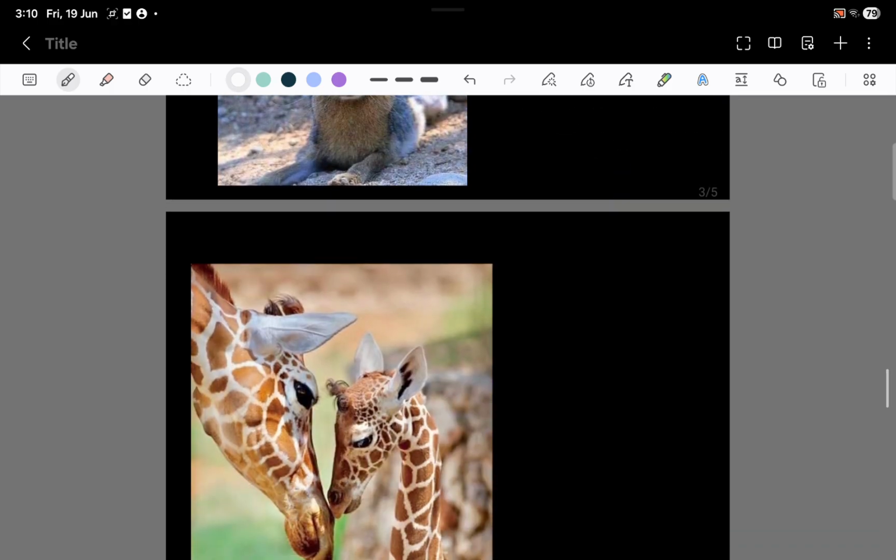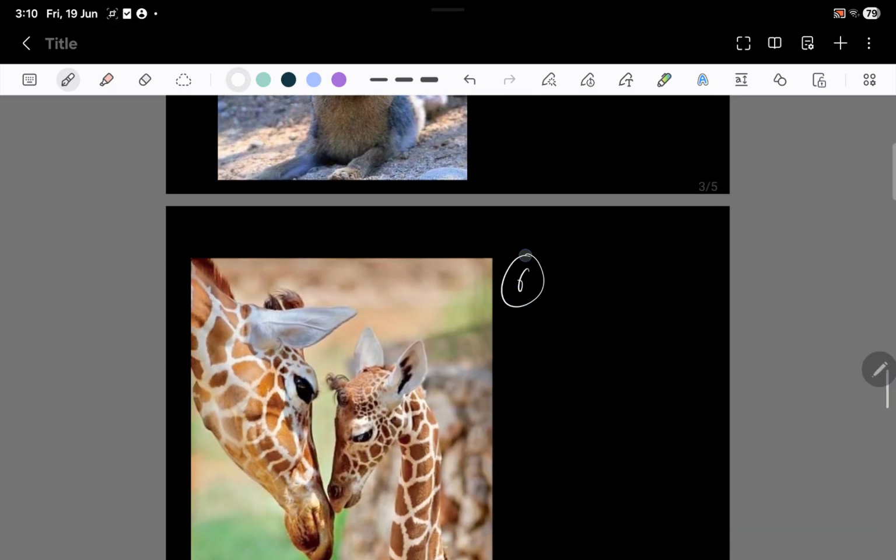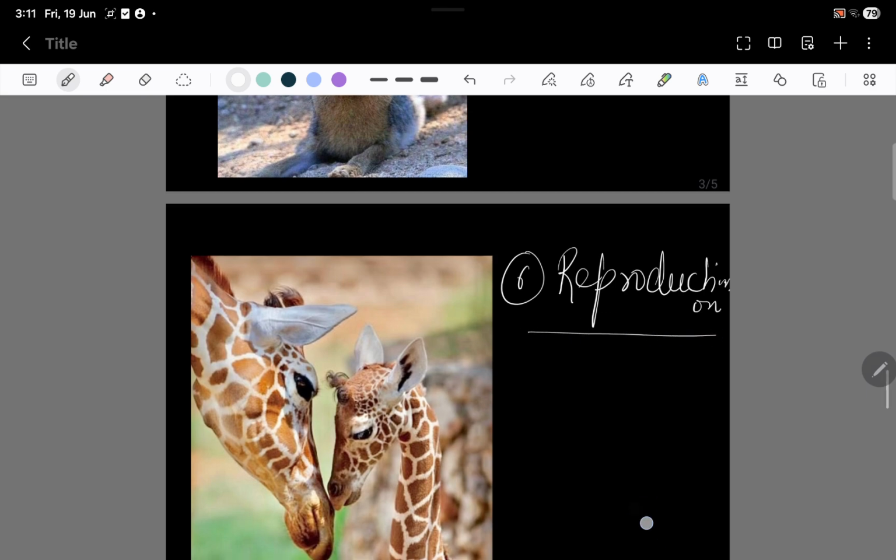Okay. Now if I say next property, reproduction. Re means again, production, producing. So reproducing a copy, reproducing an offspring. That is reproduction. And that is like a giraffe. People will look like giraffe.